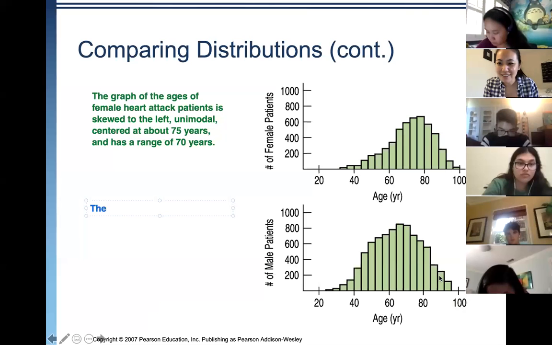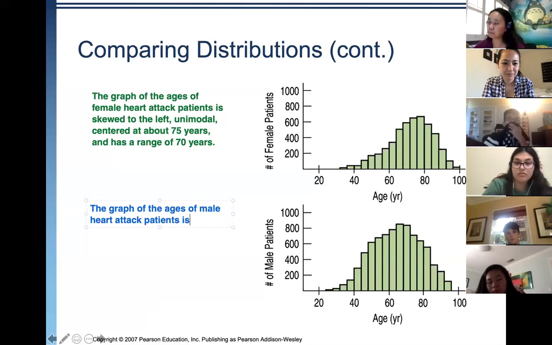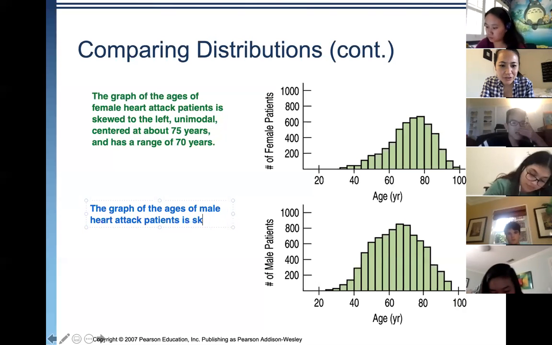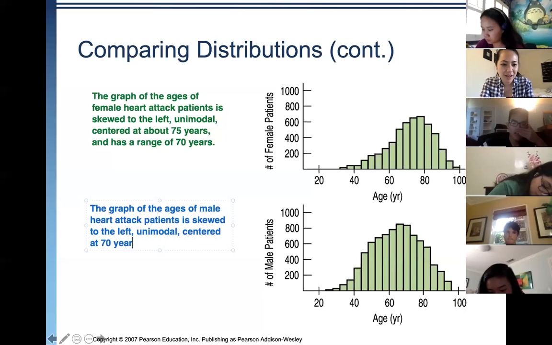Oh, no worries. The graph of the ages of male heart attack patients is skewed to the left, unimodal. Okay, keep going. It's centered at, hold on, let me see real quick. I said 70, I'm pretty sure that's around an estimate.